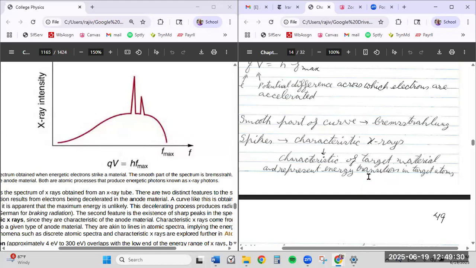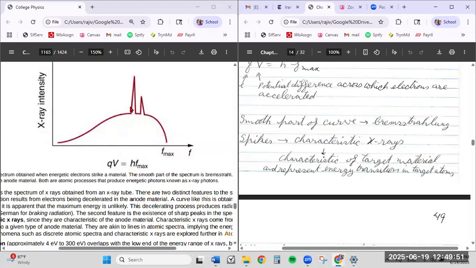But that only lasts for a small period of time, and then eventually the atom falls back to the original energy it had. And when it falls back, the excess energy is emitted in the form of characteristic X-rays.